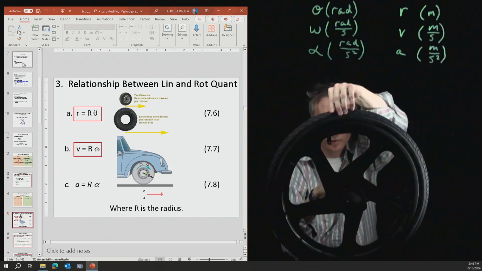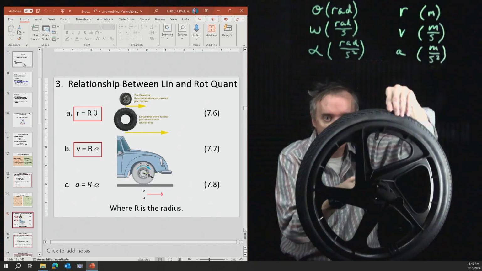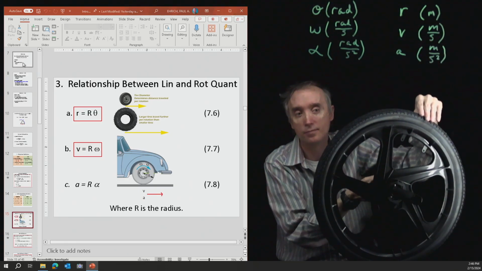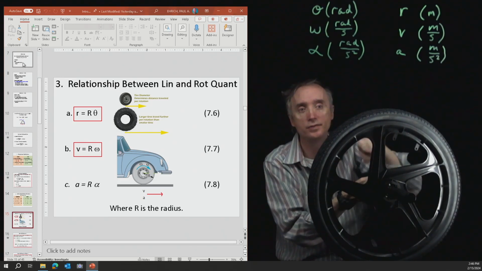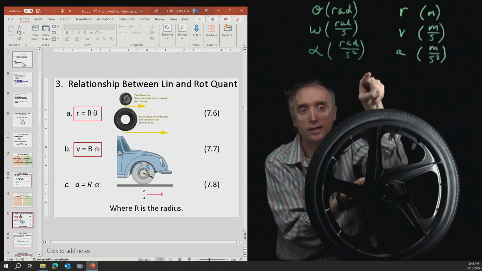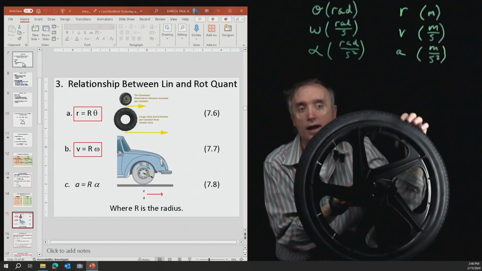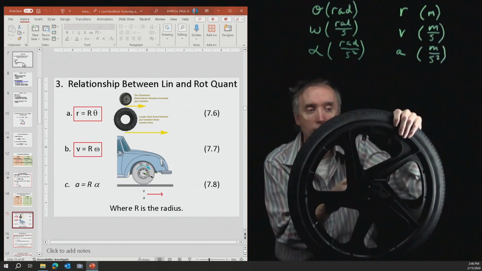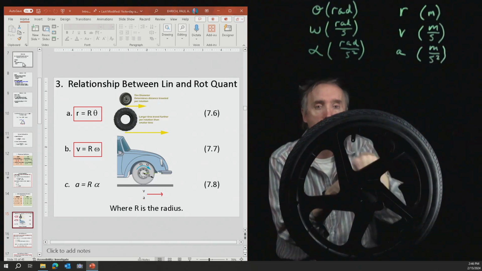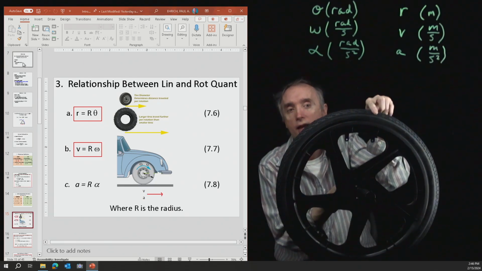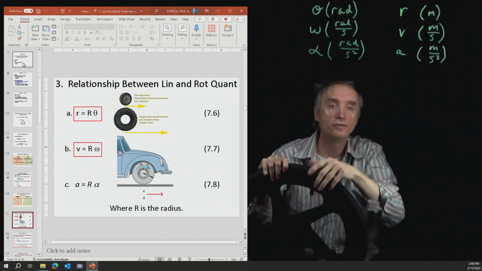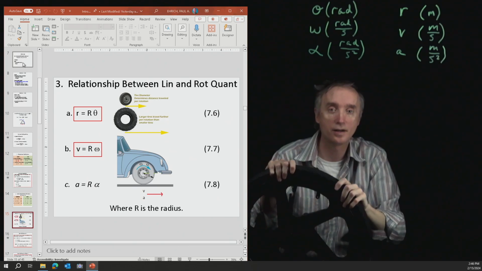And then what I want you to do is roll this thing without slipping and make it go around in a complete circle. Then measure how far that is. So the wheel is going to go around one complete revolution, and then measure how far it traveled sideways.